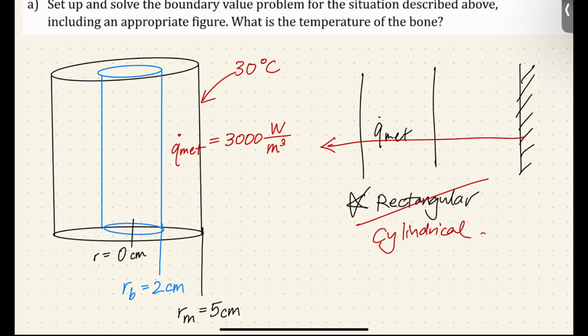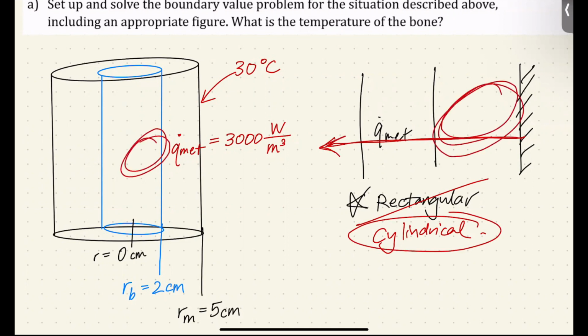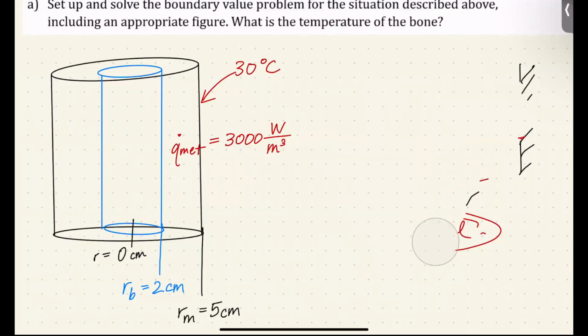So that's how this question differs a little bit from that problem that we did in quiz section, but it is inherently very similar. So don't be worried about this question. All we're doing is we're doing it in cylindrical coordinates, and it looks like we're just working the other way around because the first layer does not have Q met, which is also applicable for us, right? So that is essentially what we're going to be doing.